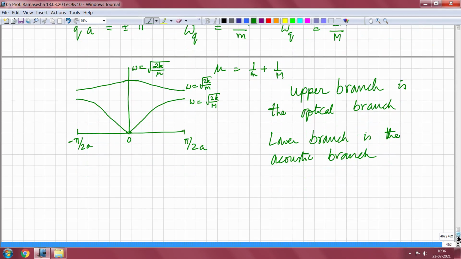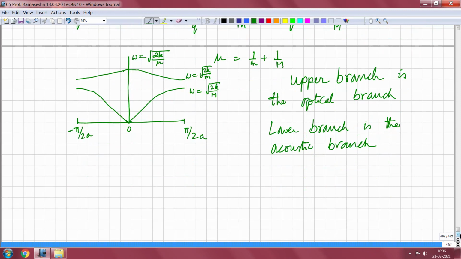The acoustic branch you can understand because the atoms in the unit cell are moving in the same direction. So that is why you call them the acoustic branch. In the upper branch, the atoms are moving in opposite direction.